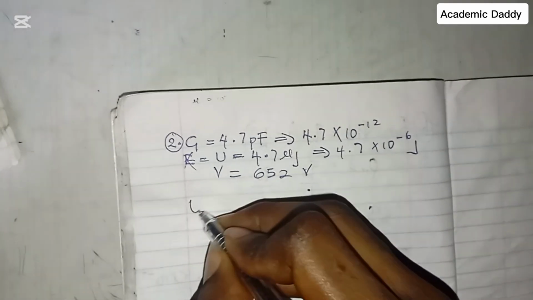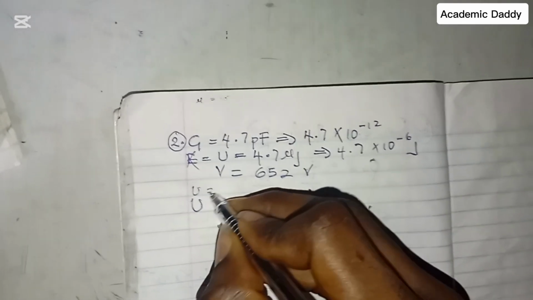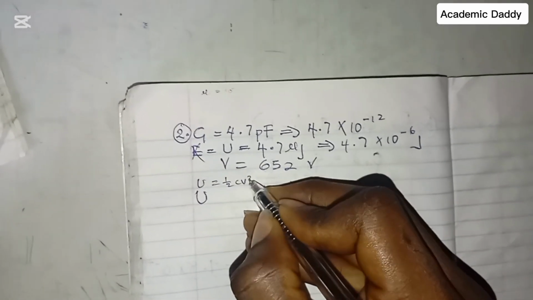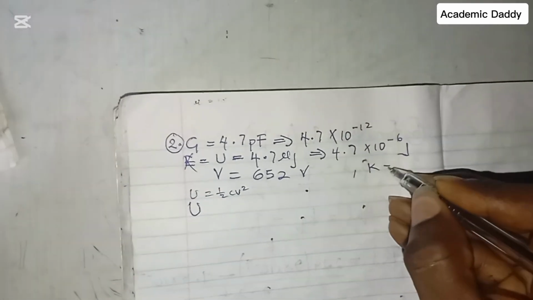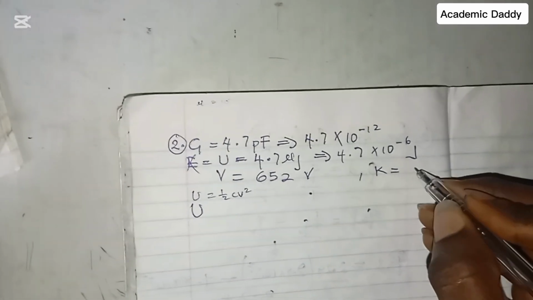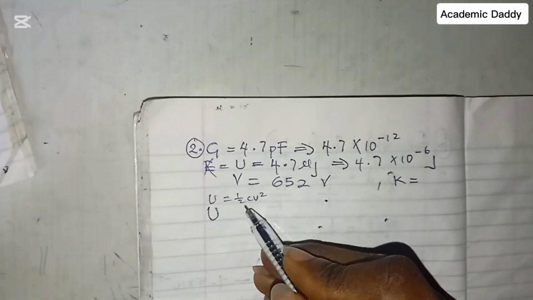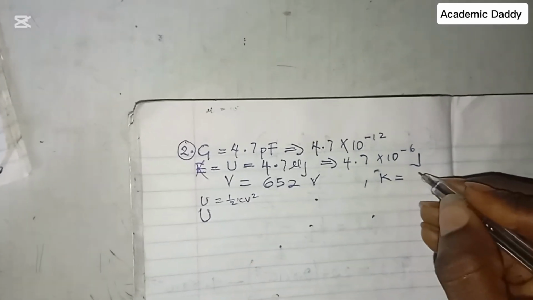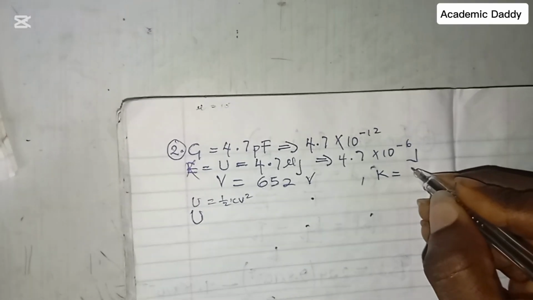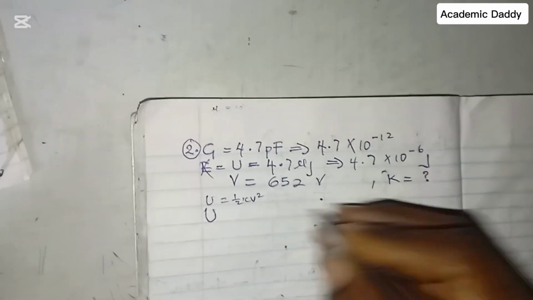So we need to remember that there is a formula which we have, which is U equals half CV squared. But whenever they ask us for dielectric, whenever we insert, this is when the dielectric is air. That means K is 1, or vacuum is 1. But once we have any dielectric that is not air, this is what we are asked to find.